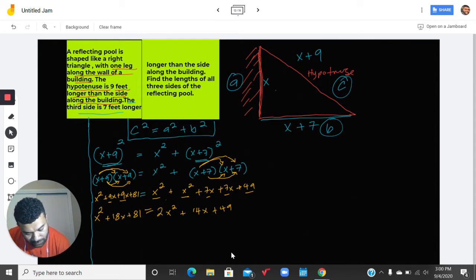Now all I need to do is bring all these values to the left. The reason being is if I'm looking at the right and the left side, it gives me the form of a quadratic equation.